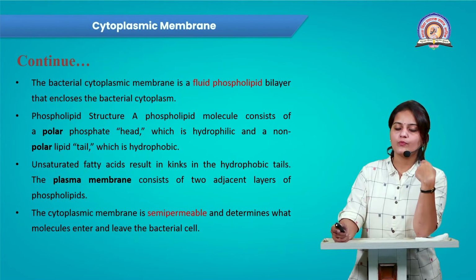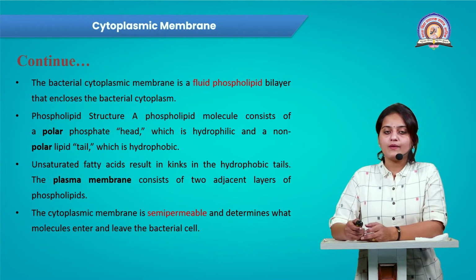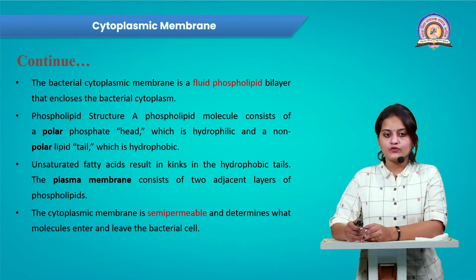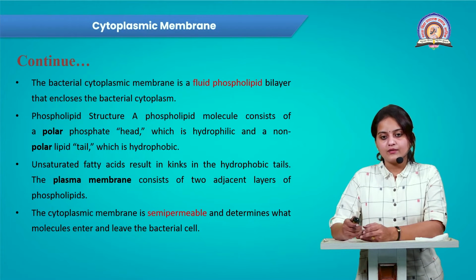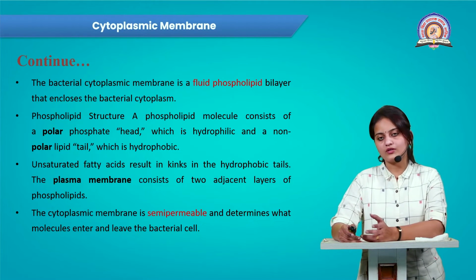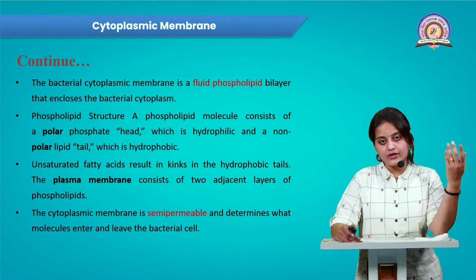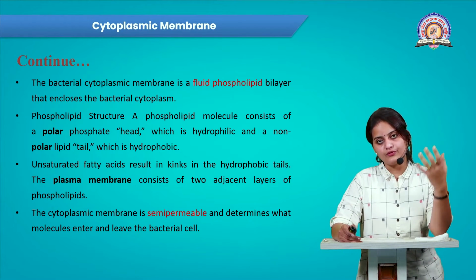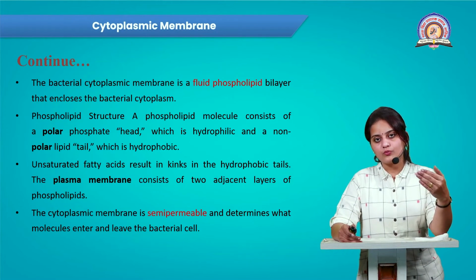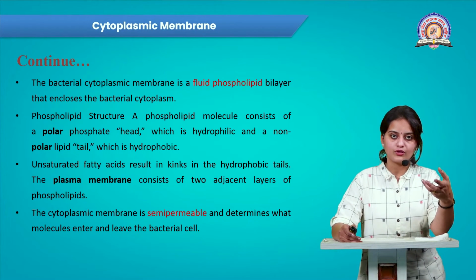The bacterial cytoplasmic membrane is a fluid phospholipid bilayer that encloses the bacterial cytoplasm. The phospholipid structure is an assembly of molecules which consists of a polar phosphate head as well as non-polar tails. What is the meaning of polar or non-polar? Polar molecules are generally hydrophilic in nature, meaning they have an affinity to bind with water molecules, while non-polar molecules are hydrophobic towards water.